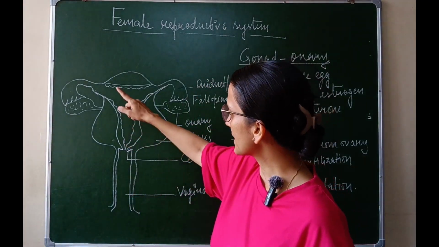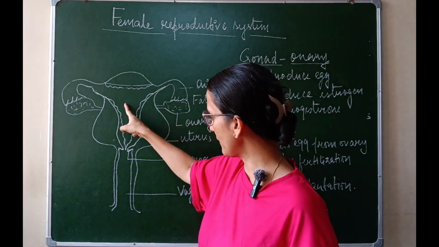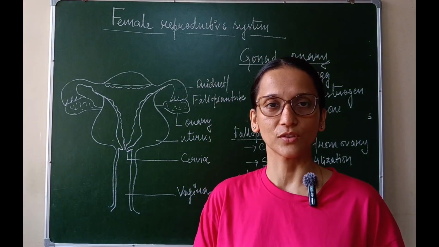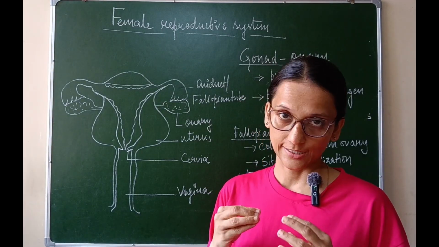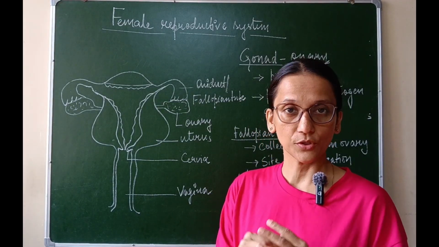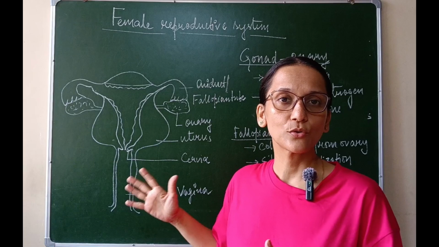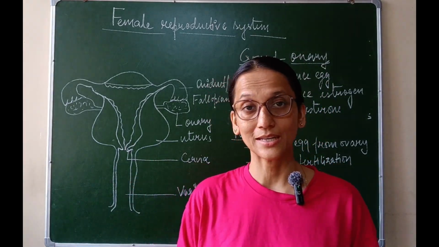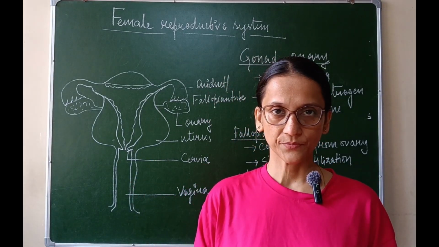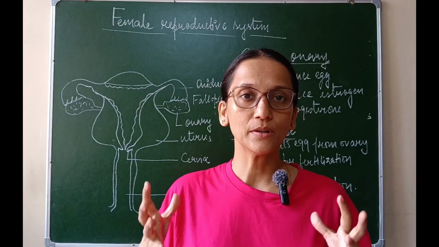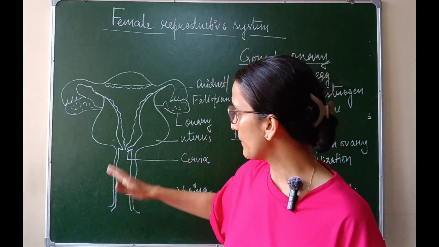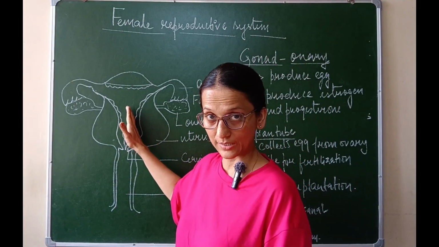This embryo will slip from the fallopian tube and will come and attach to the wall of the uterus. And if it successfully implants on the wall of the uterus, it is going to stay there for almost 280 days in human beings. And then a proper grown-up fetus will be made out of the embryo in the uterus.